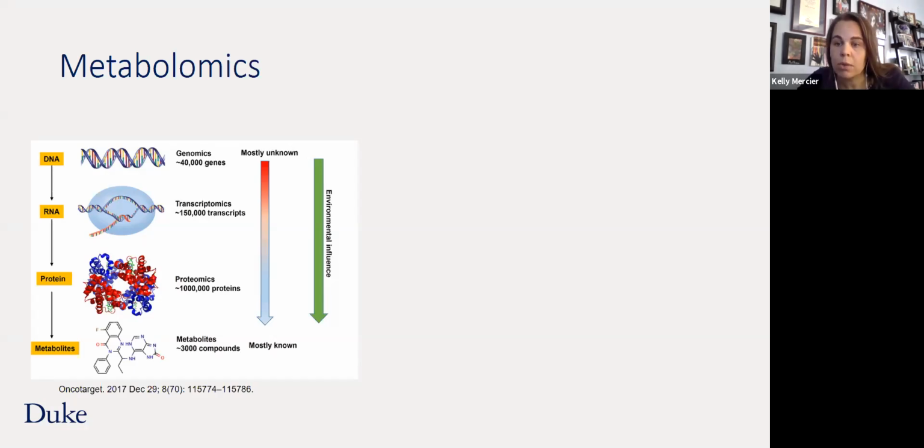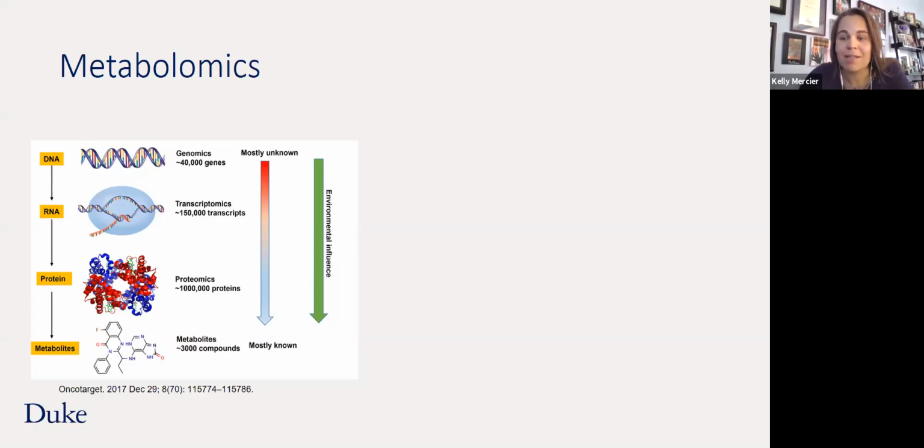Metabolites are mostly known and can be identified and quantified using several analytical techniques and through numerous sample types. I personally have evaluated blood products, cell extracts, tissue extracts, fecal water, urine, CSF, and whole zebrafish.